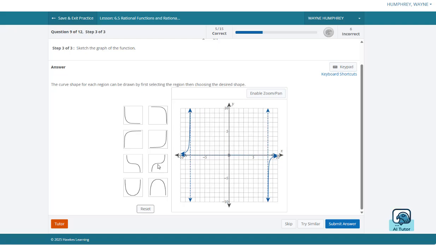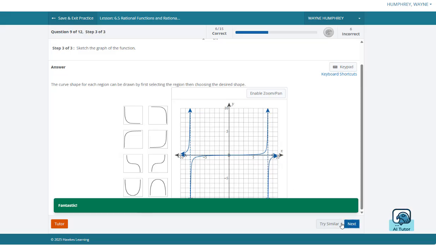So that means that it's going to be this shape right here. So I'm going to select that region and pop it in there, and you can see that it does meet the requirements of the values I found. The negative 2/13, I know you can't really see that, but it's just below the x-axis, and then the positive 4/39 just above the x-axis. And that's how you graph them.